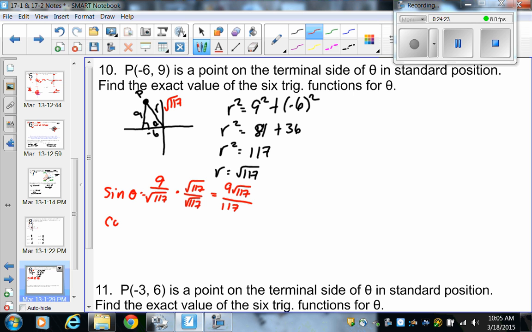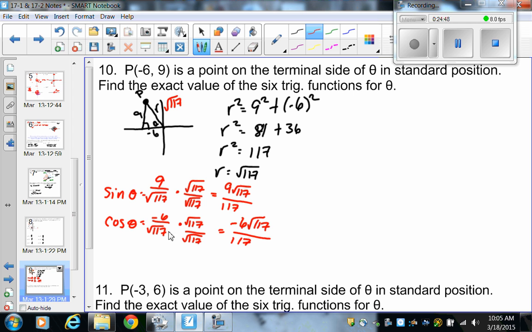The cosine of theta would equal negative 6 over the square root of 117. So again, we're going to rationalize. So that's going to be negative 6 times square root of 117 all over 117.